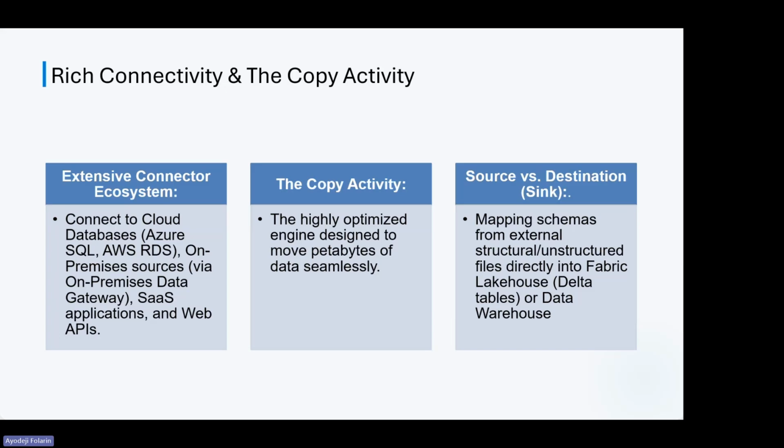Connect to several data sources in the cloud and on-prem, like Azure SQL, like AWS RDS, like an on-premise data source, but you must have a data gateway, or a software as a service application if you have some SaaS application working, or somebody gave you a web API. You can get the data from the web API into your lakehouse.